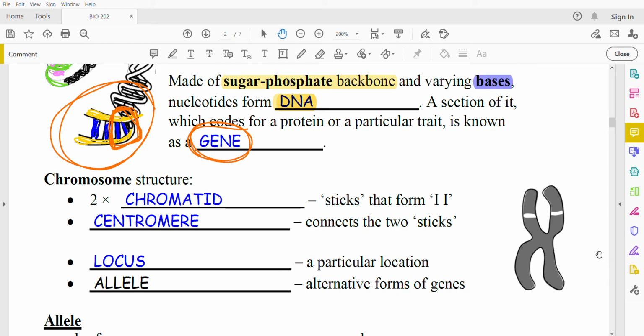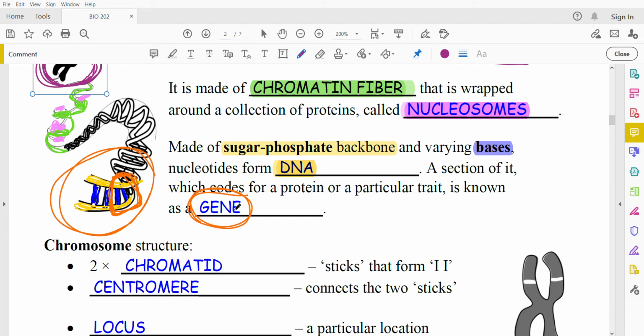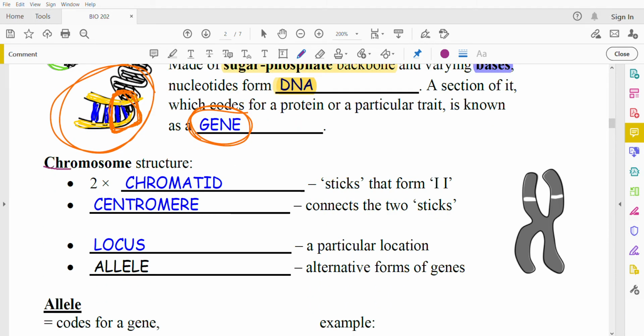Next, I want to mention a few words about chromosomes. We go back here where we already saw the chromosome structure, and we will have a closer look at what we need to know about chromosomes. Chromosomes are made of various different components.